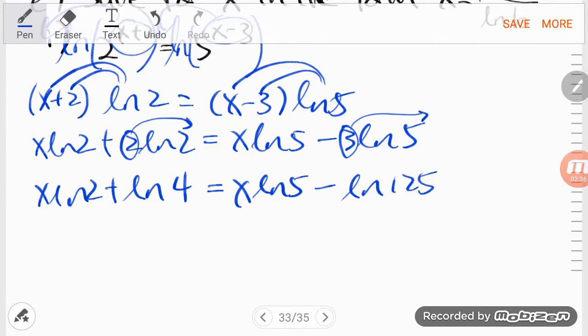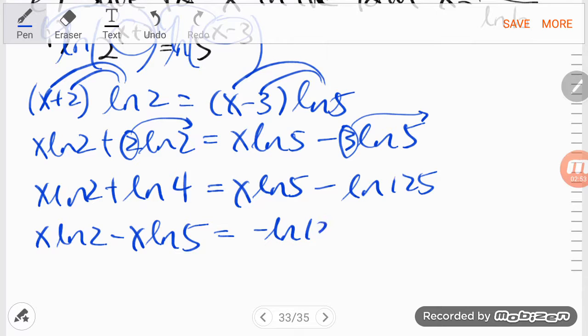Now let's combine like terms. I'm going to move this to the left, move that to the right. So I'll have x ln 2 minus x ln 5 is equal to minus ln of 125 minus ln 4.